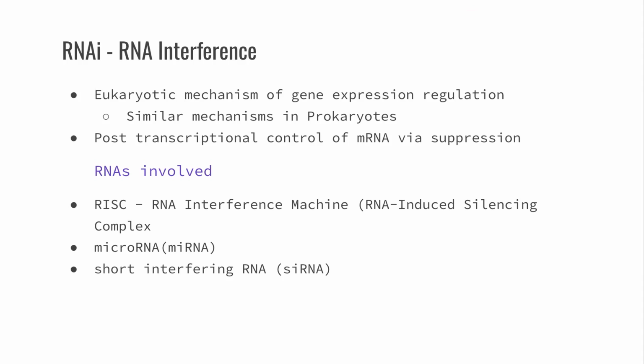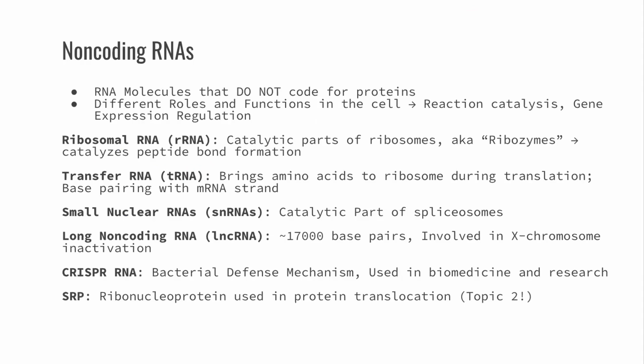So are there going to be exam questions about the ones that were on the last slide? I don't think so, right? Especially not the specific ones like small nuclear or long non-coding. Yeah, I think these are just examples. I wouldn't worry too much about the super specific information. Maybe just have an idea of a few examples, rRNA, tRNA, those are the big ones.